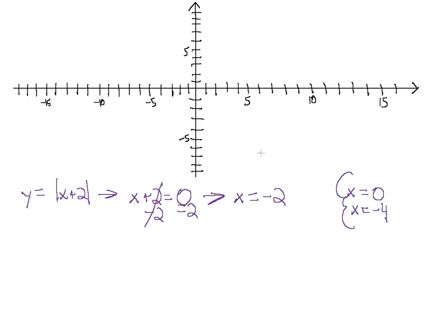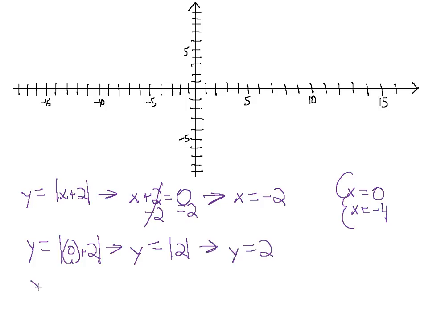Alright, so we're going to plug these 2 points into our original equation to find the other 2 points. So let's do this. We have y equals the absolute value of x plus 2, so let's plug in 0 for the first one. 0 plus 2 gives us y equals the absolute value of 2, or just y equals 2.